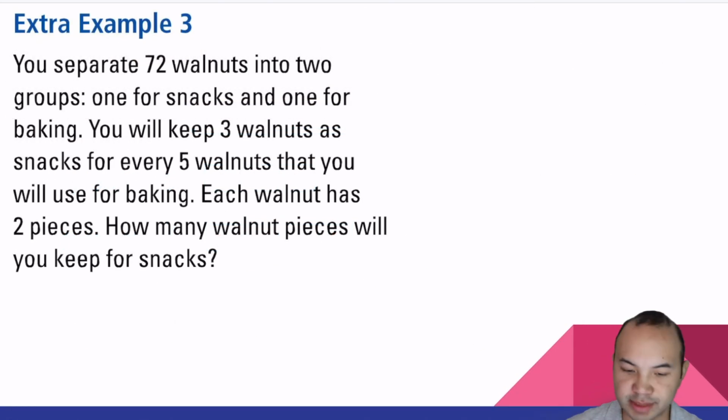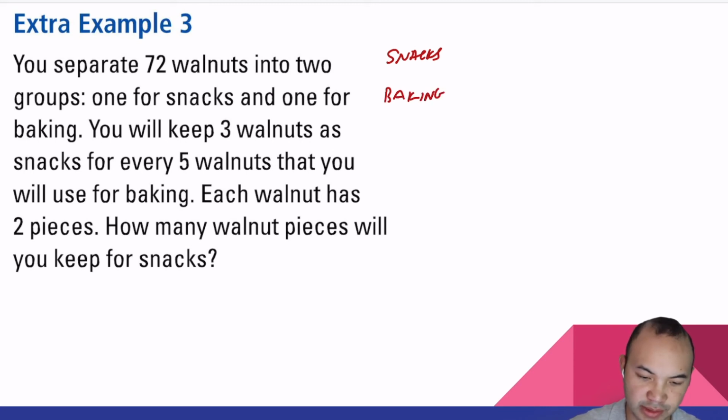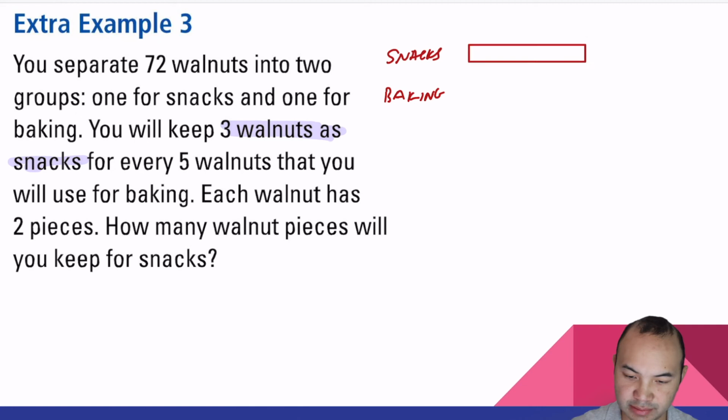Okay, how about an extra example here? You separate 72 walnuts into 2 groups. So 72 walnuts into 2 groups, okay. One for snacks, hopefully you're seeing a pattern here, and one for baking. Okay, 2 groups. You'll keep 3 walnuts as snacks, okay. So I'm gonna just make my bar right now. So 3 for snacks.